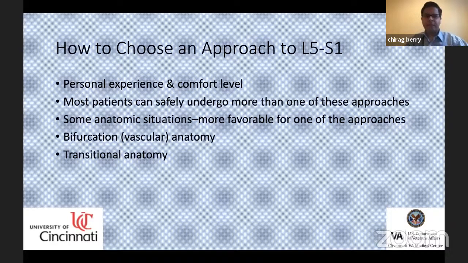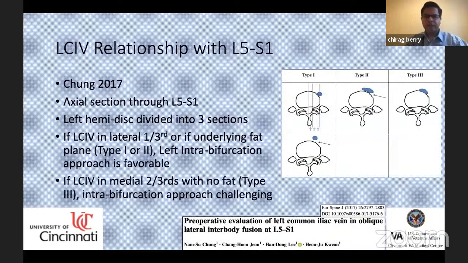So one of the main things that has been studied is the relationship of the L5S1 disc with the left common iliac vessel. This was studied by Chung in 2017 in a paper in the European Spine Journal. They looked at the axial section of L5S1 and divided the left hemidisc into three sagittal columns, and looked at where the left common iliac vein was.